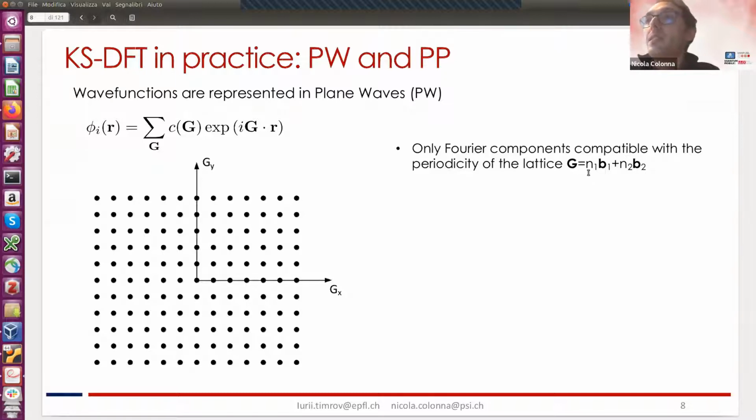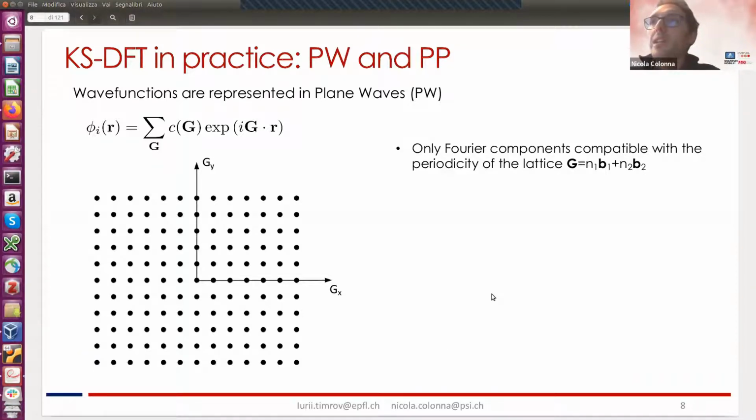And these are described as a linear combination of the so-called primitive lattice vectors in reciprocal space. Here I call them B1 and B2, that, if you want, in this plot are vectors connecting these 2 points along y and these 2 points along x. Now, this is for 2D. In 3D, you have to imagine you have a cube and not just a square.